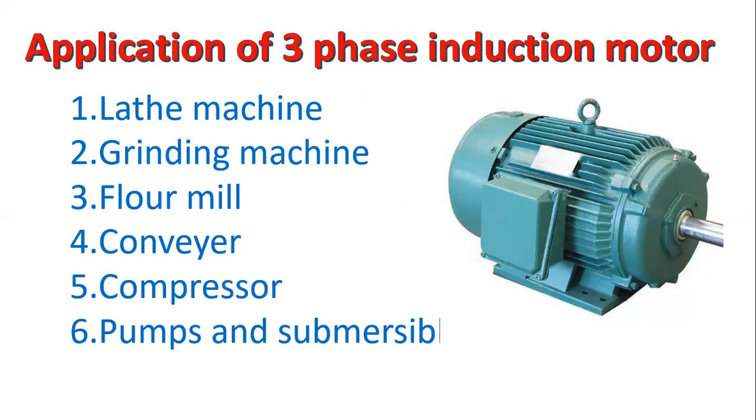Now coming to the conveyor. This type of load is different. It is a preloaded type of load. The conveyor is full of load, and in preload, the motor has to carry the loads on starting.